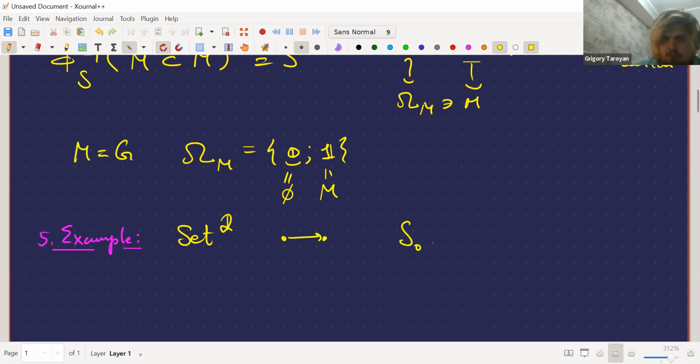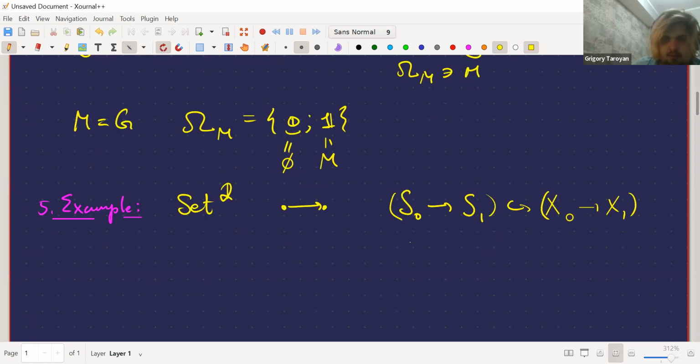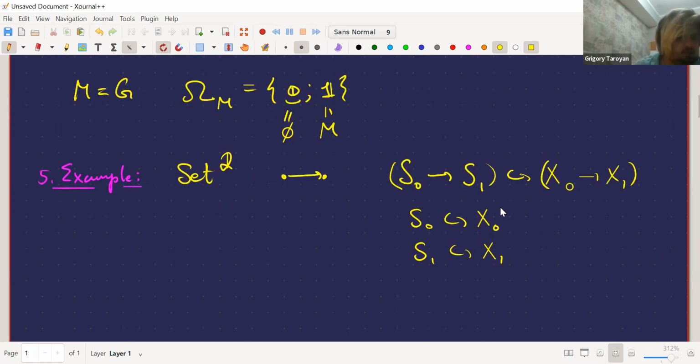And so a subobject is precisely the following thing. We have this diagram consisting of two objects, and we have a diagram consisting of another two objects. We should have monomorphisms here, and, because we work in sets, just inclusions here and here. Also, these inclusions should be equivariant with respect to sigma. So sigma of S0 should be inside of S1.